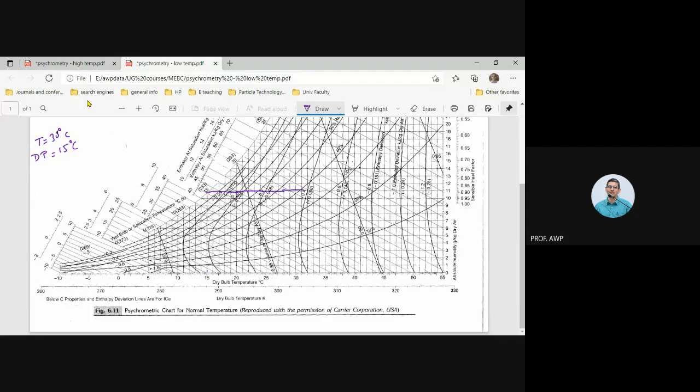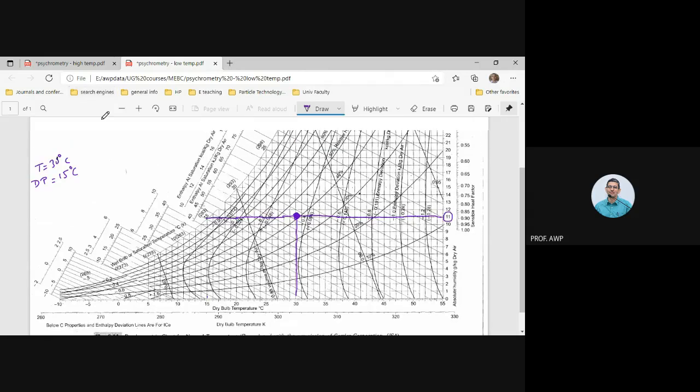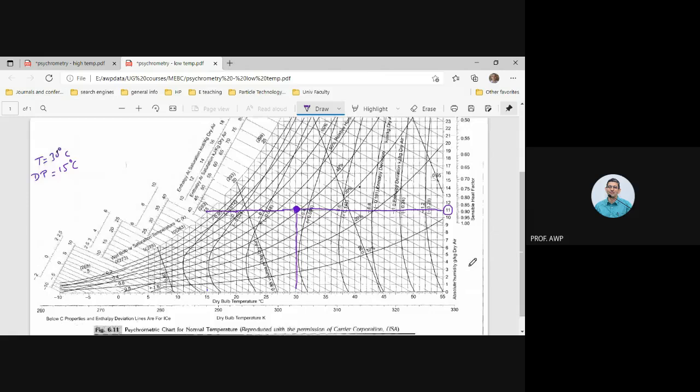And temperature is 30 degrees centigrade, so we must have this point, 30 degrees centigrade and 15 degrees centigrade dew point. So humidity I can straight away get from here. That will be 11, in terms of grams of water vapor per kg of dry air. So you see the units, it is grams per kg. So 0.011 kg per kg.